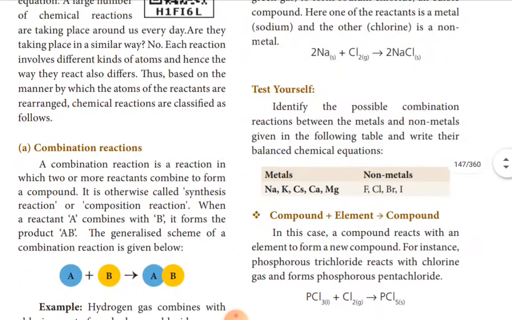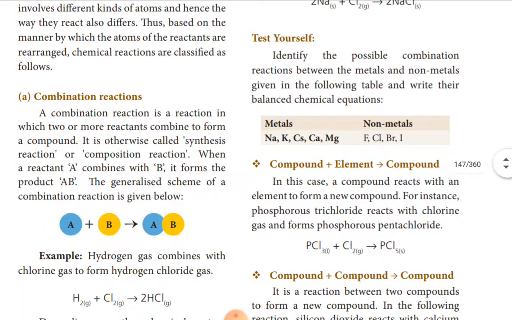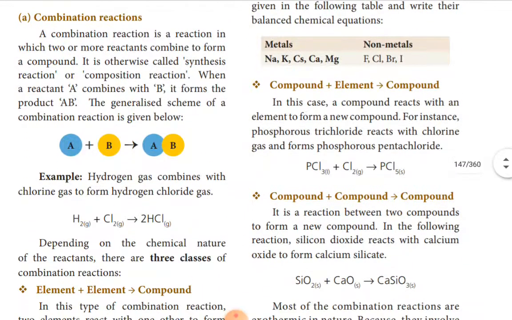Next type of reaction, compound plus element gives compound. Liquid phosphorus trichloride is a compound, and chlorine is an element. These two combine to give a new product, phosphorus pentachloride, which is a compound. This is the second type of reaction. And the third type, compound plus compound gives compound.